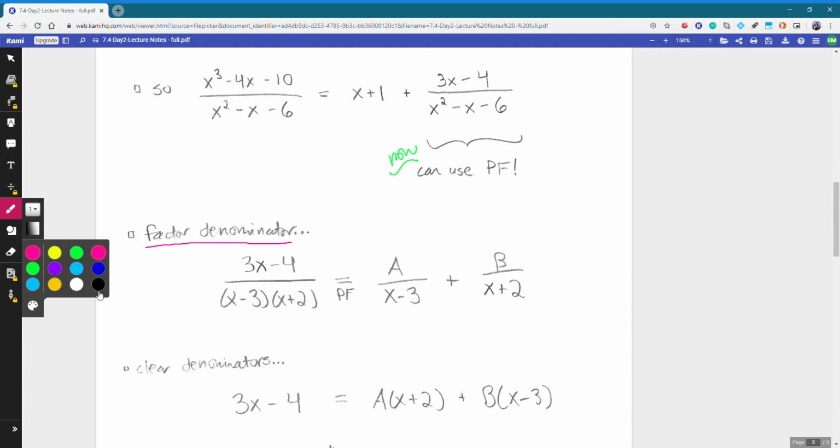And my partial fraction says now we're going to have a term associated to both of these factors on the left. These are both linear, and so up top we'll just need to allow for some constants. Now we want to go ahead and find those unknowns.